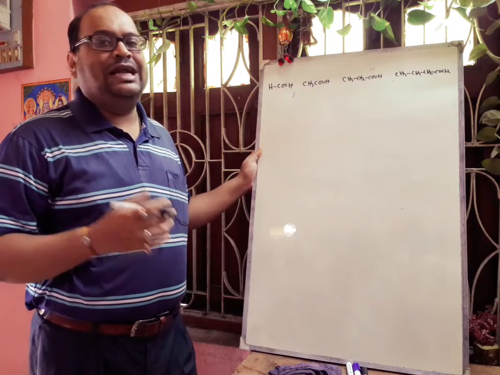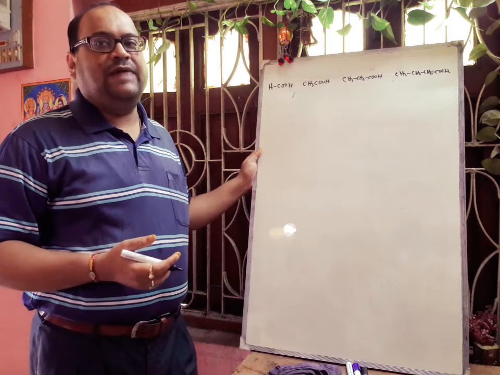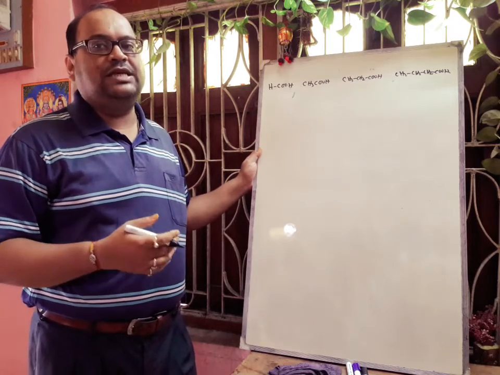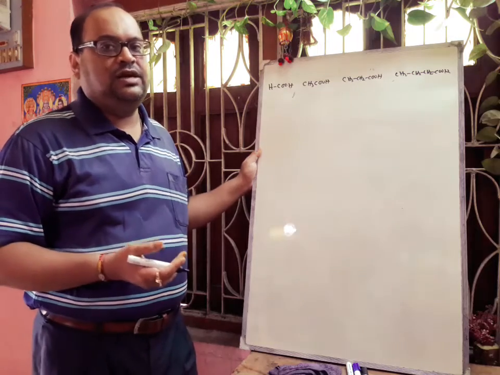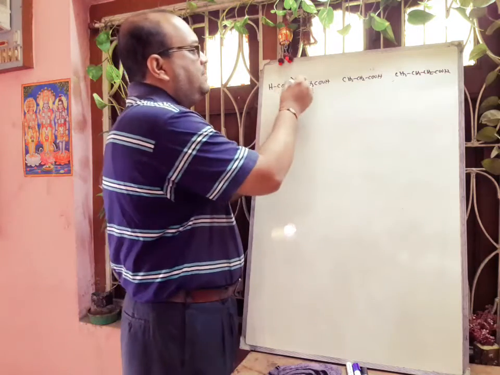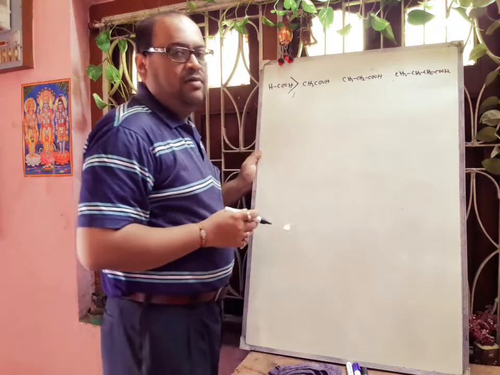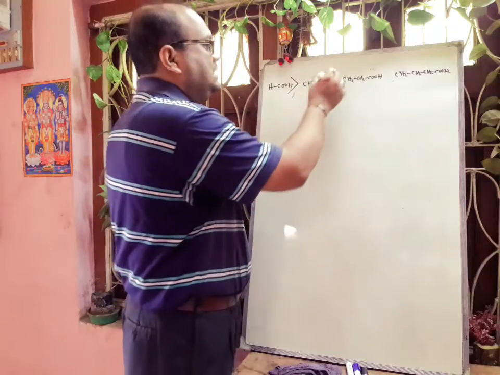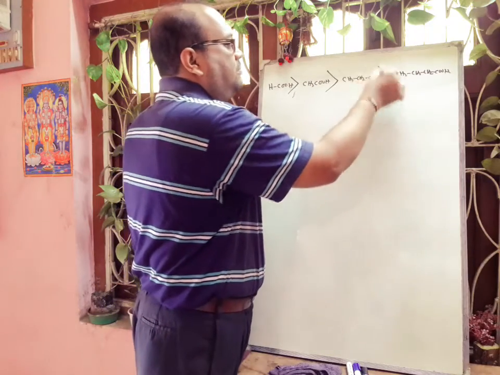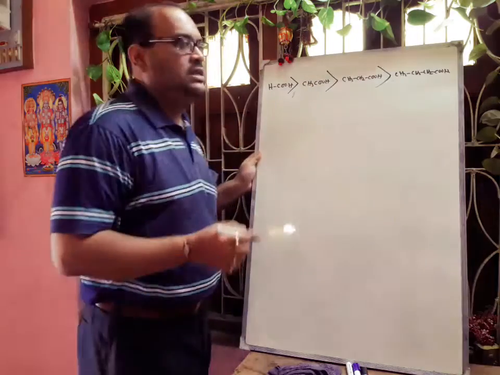Okay, so greater the plus I effect of the alkyl group bonded to the COOH group, lesser will be the acidic strength. So what will be the acidic strength? Definitely formic acid will be a stronger acid compared to acetic acid, then propanoic acid, then butanoic acid, the least acidic.